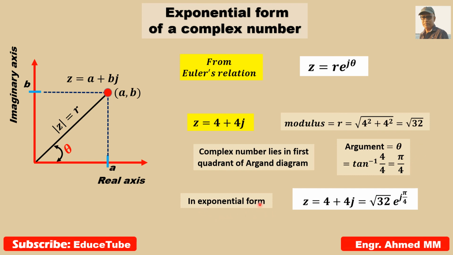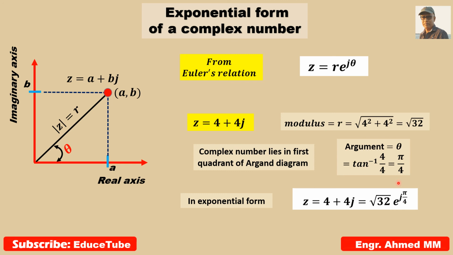Now, in exponential form, we replace these values. We can write z equals r, the square root of 32, e to the power j theta, and the argument we know is pi by 4.